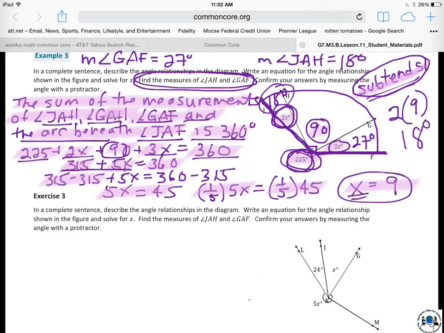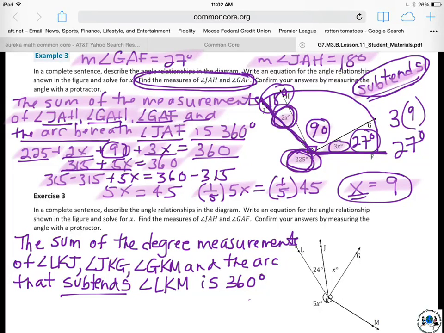And the other angle, GAF, is 3x, so that's 3 times 9, which is 27 degrees. Up here, I've written them out the way they should properly be written. The measurement of angle JAH equals 18 degrees. The measurement of angle GAF equals 27 degrees.